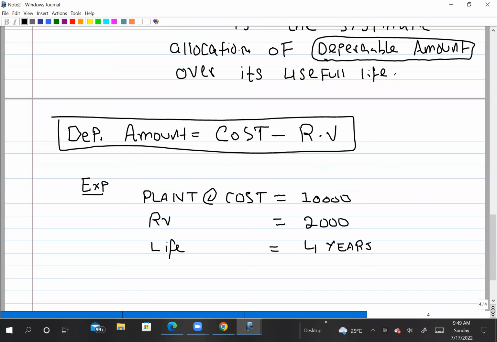Okay. So if I ask you what is the depreciable amount, what will be your answer?